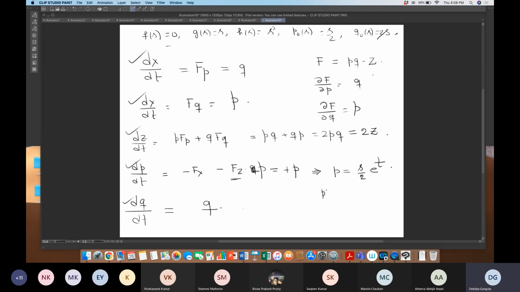Because you will get P at (s, t) is a constant s naught into e to the power t. Now apply P at t equal to 0: s naught equals s by 2. Similarly, you get Q at (s, t) is 2s e to the power t.